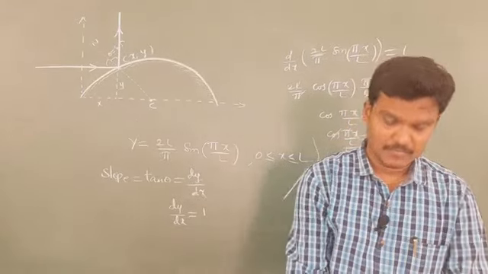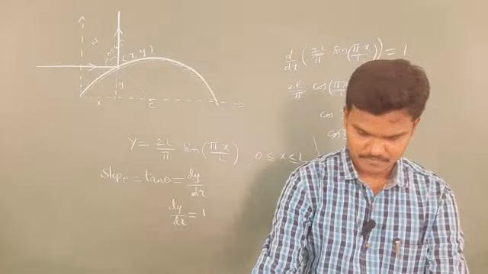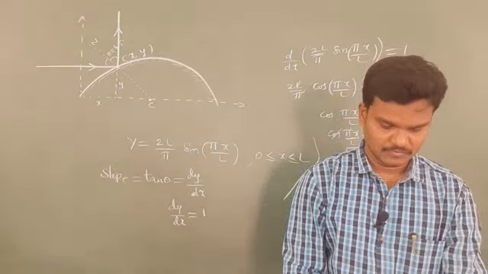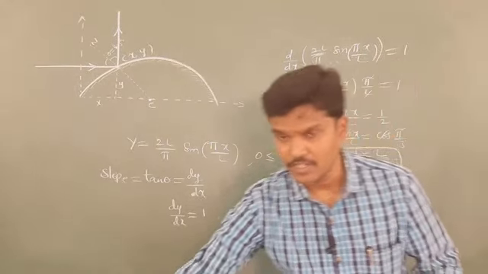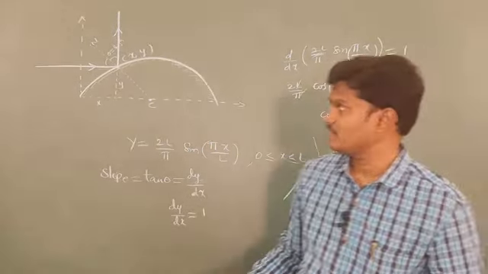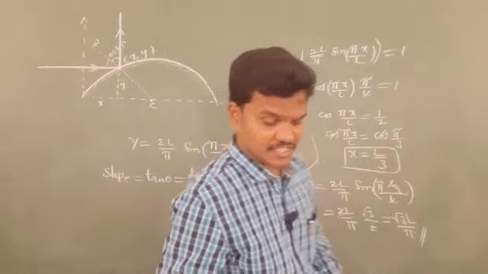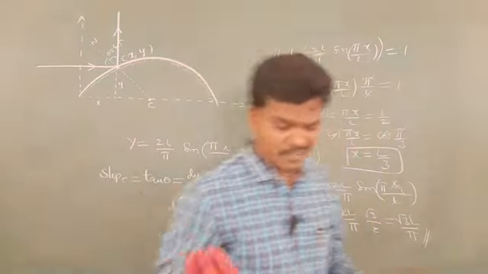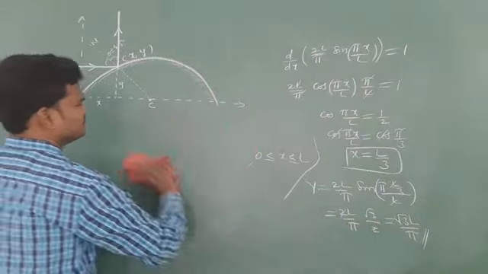Let me find one more problem similar to this. So, one more question. Find out x and y, means x coordinate, y coordinate, such that the reflected ray becomes vertical after reflection as shown in the figure.